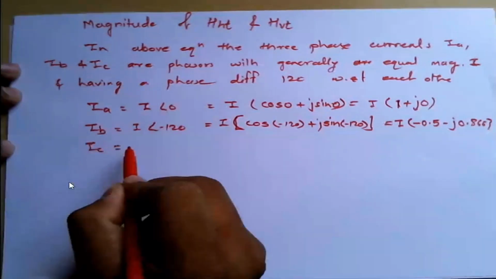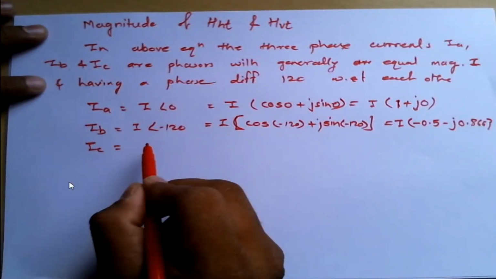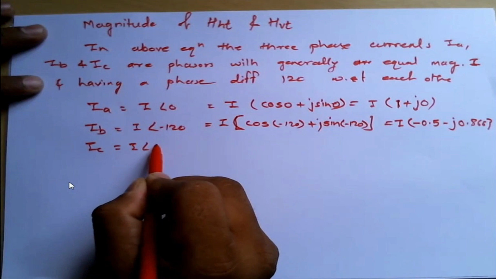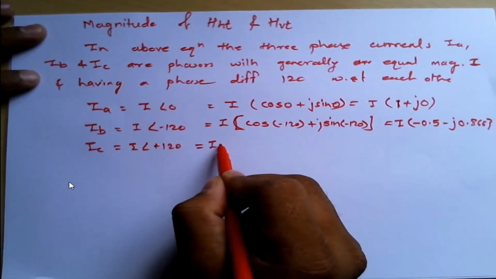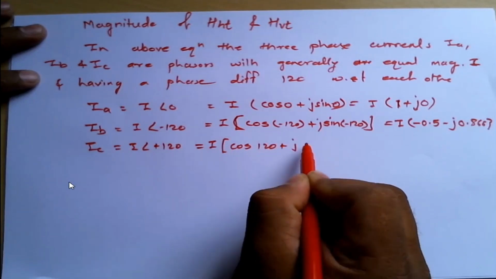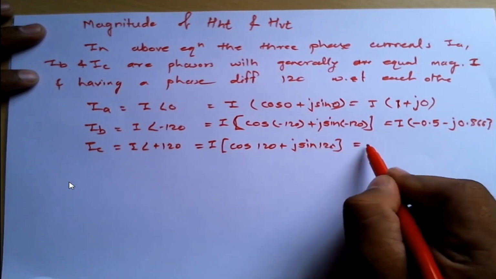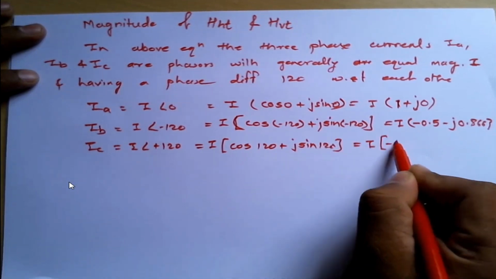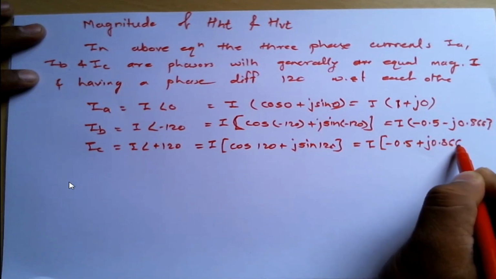And similarly, IC is equal to I at an angle of plus 120. That is, it is leading IA by 120 degrees. So this is I in bracket cos of 120 plus j sine of 120 degrees. Finally, it is I in bracket minus 0.5 plus j 0.866.